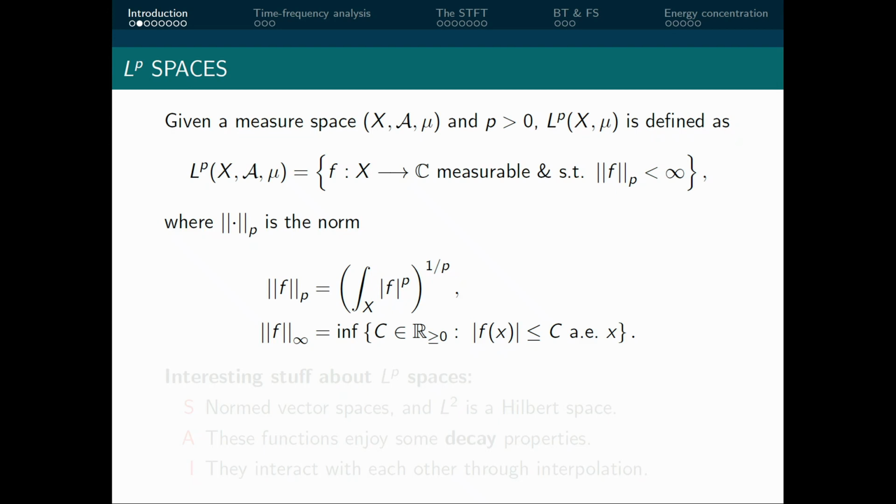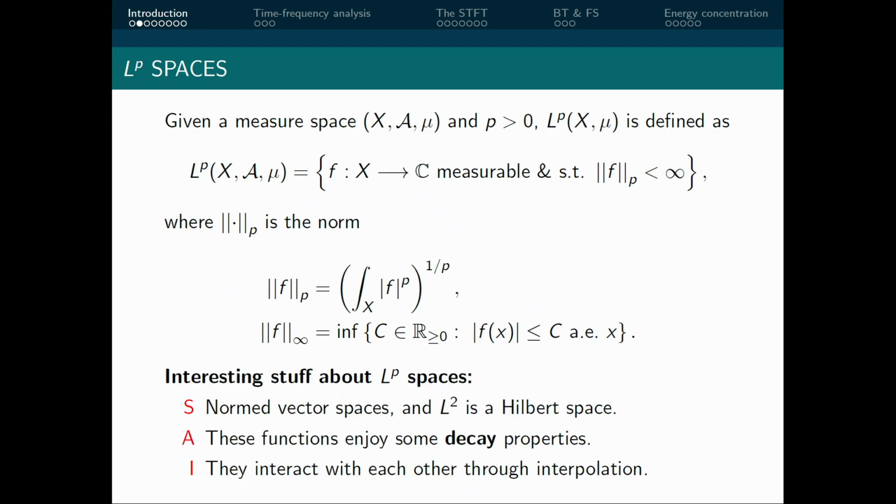And so LP of R^d is the set of functions for which the absolute value of the function to the power p is integrable. You have this norm, and when p is infinity you have this other norm, basically meaning the function is bounded. LP spaces have some interesting properties.